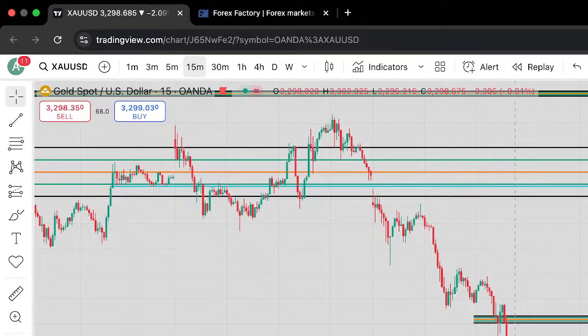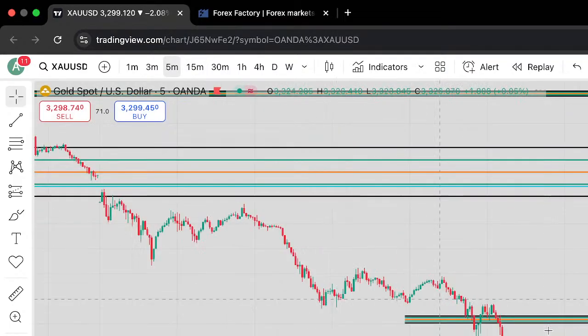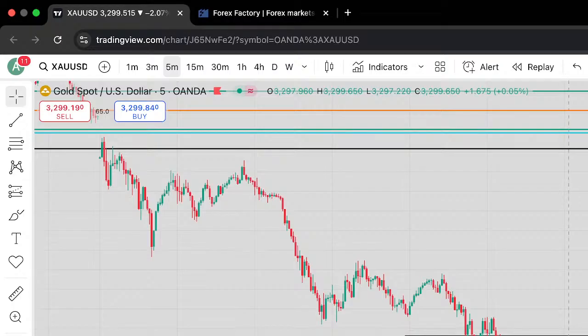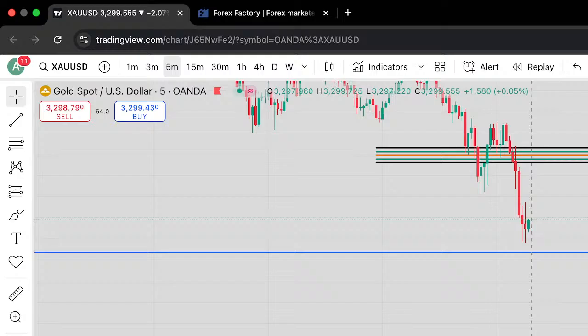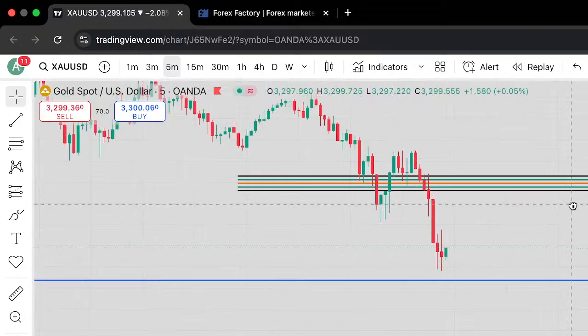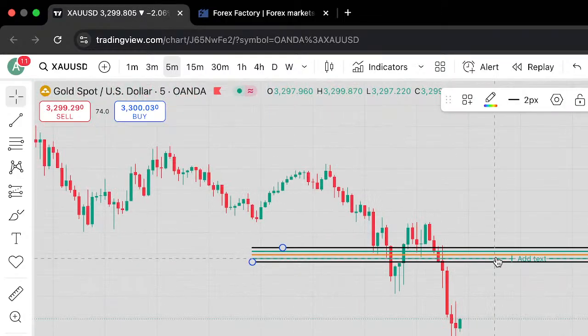It's much better, but you could look at taking this trade in the next few hours. I was looking at this area for buys.